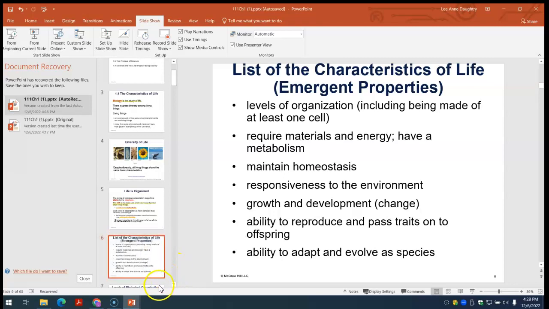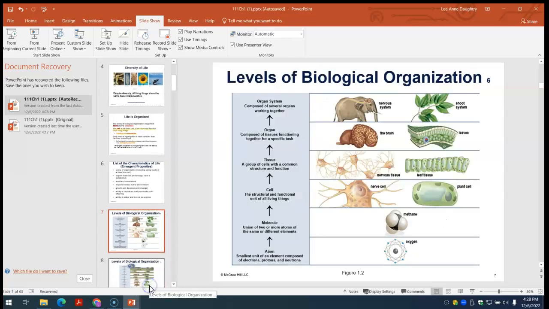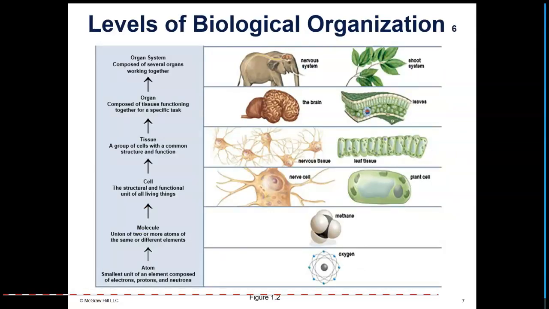Okay, so now we'll focus on the levels of organization of living things. All right, so on this slide, which is slide number 7, we're going to start with all living things, just like anything that would classify as matter, whether it's a living thing or a non-living thing, is composed of atoms.